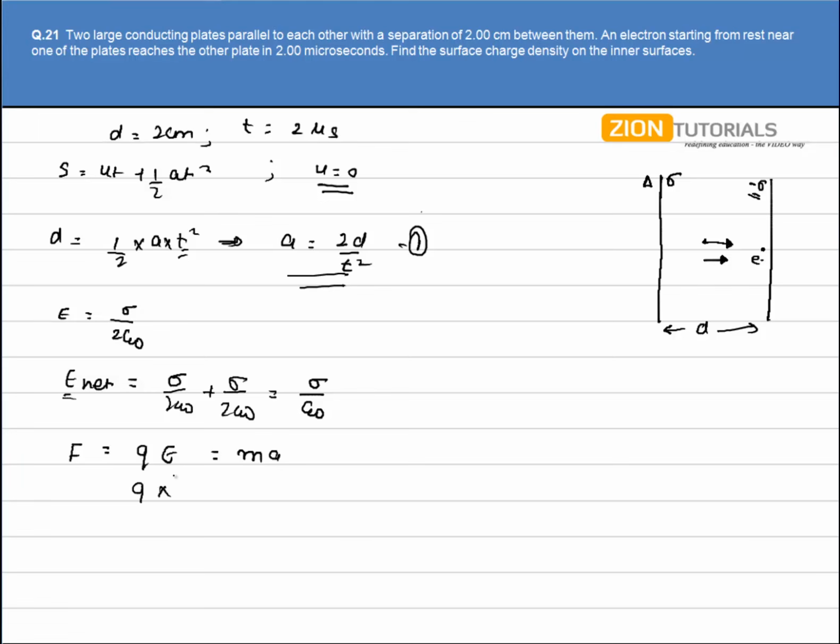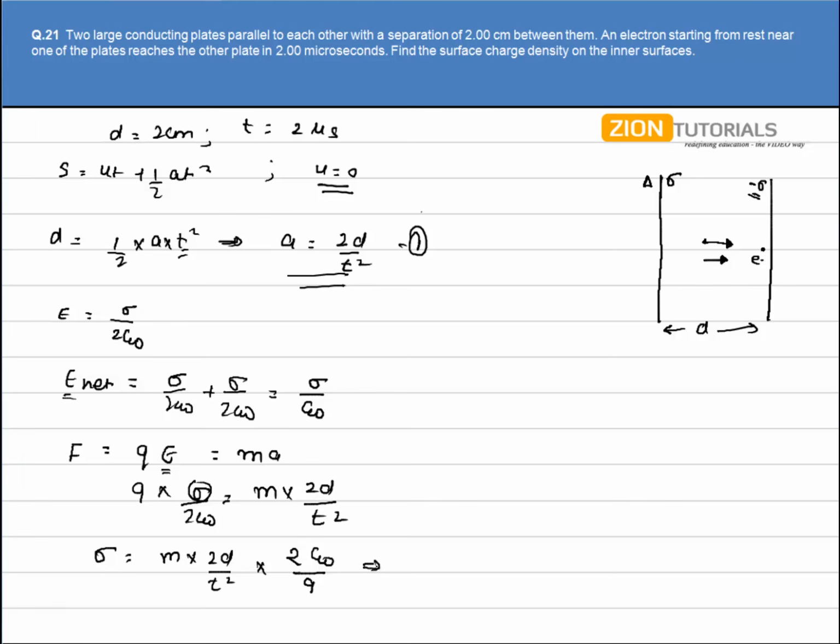So substituting over here, the electric field is sigma by epsilon naught, equals mass into 2d by t square. I have to calculate the surface charge density, that is the value of sigma. I know the value of the rest of the variables, so sigma comes out to be m into 2d by t square into 2 times epsilon naught by q.